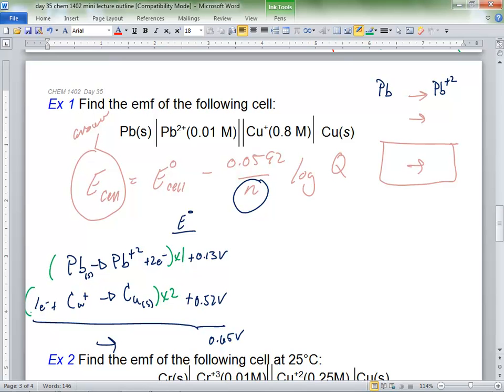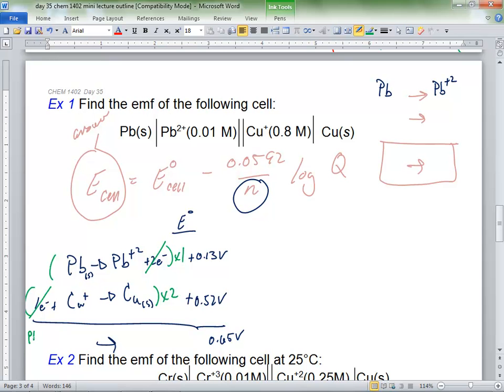Multiply the bottom one through by 2. Do I multiply the E0 times 2? Nope. Like density, it doesn't matter how much stuff you have. So my electrons will cancel out.